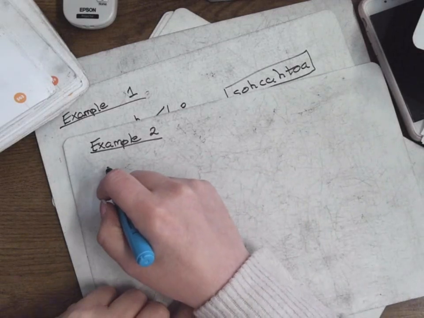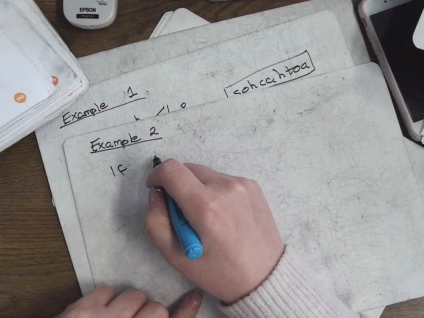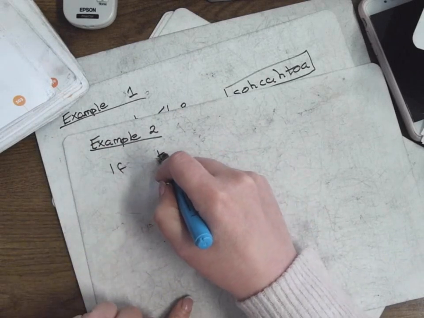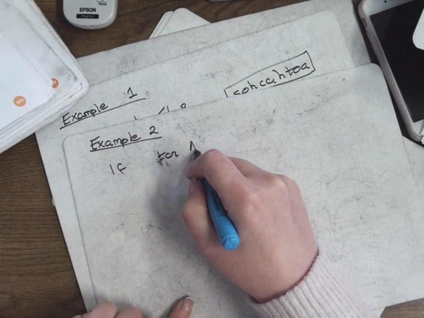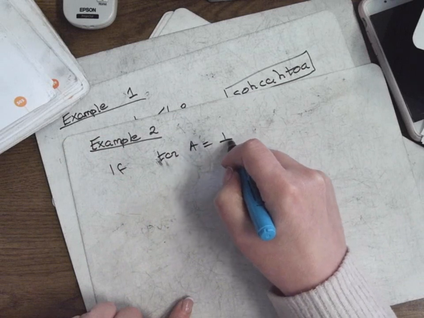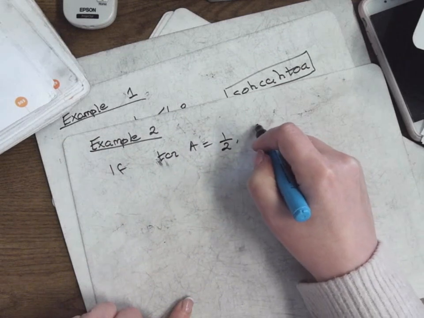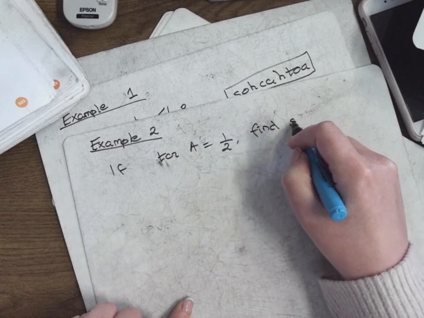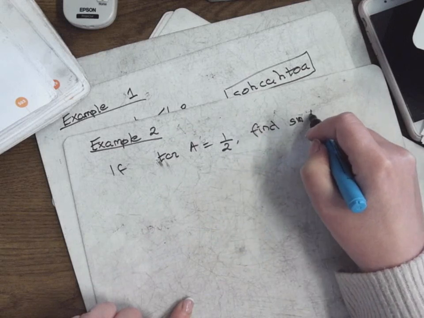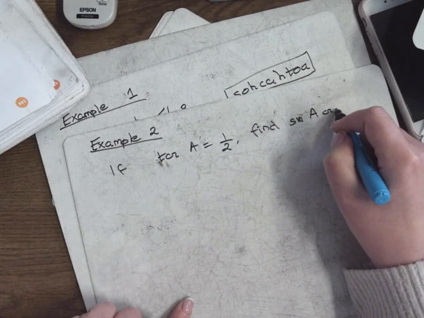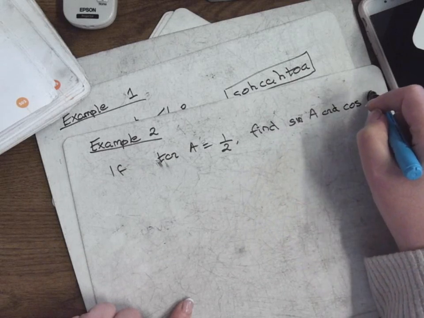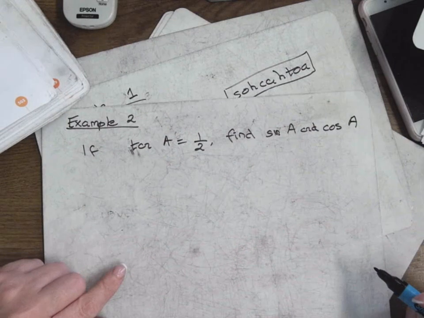So if I say, if tan of A equals 1 over 2, find sine of A and cos of A. Okay, so that's the question.